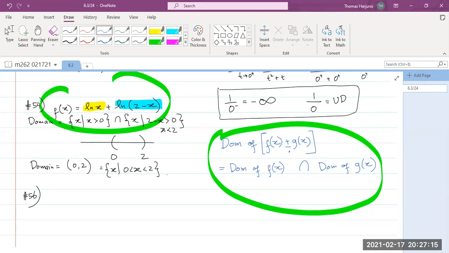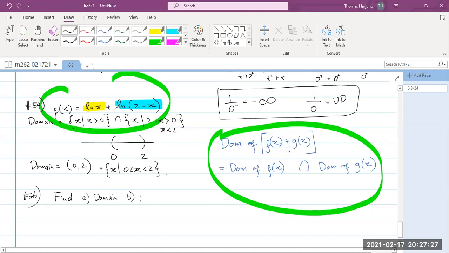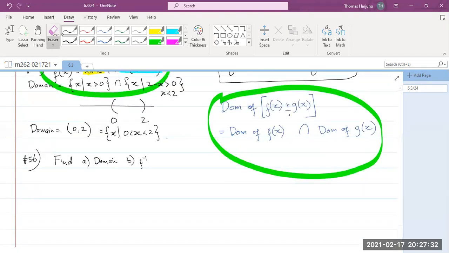Okay, number 56. Oh, this one is fun. Find part A, the domain, and B, the inverse function. Implicitly they say this function is 1-to-1, but can you tell what's the inverse?